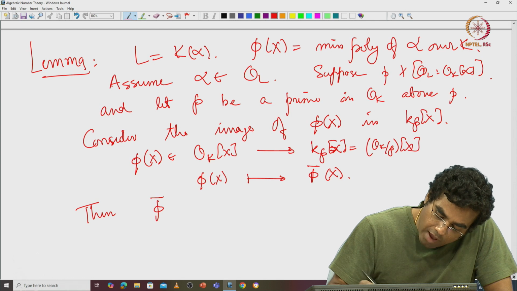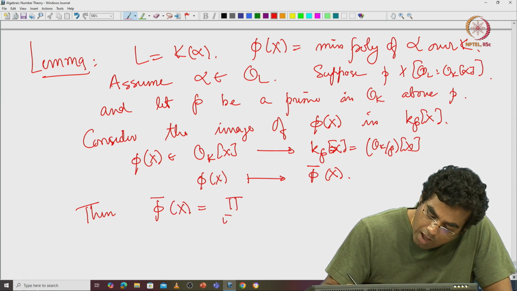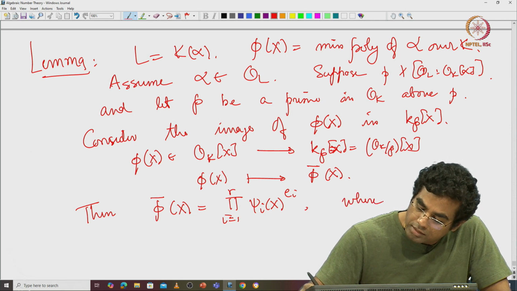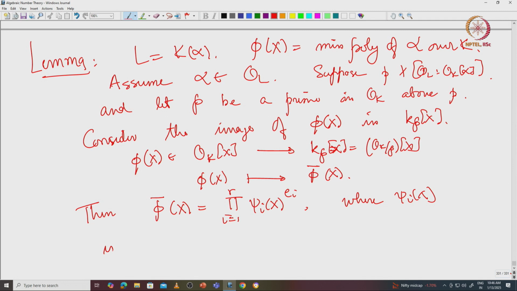Then phi bar(x) is the product, i going from 1 to r, of psi_i(x) to the power e_i, where psi_i(x) is irreducible in k_P[x]. And psi_i(x) is not equal to psi_j(x) if i is not equal to j.